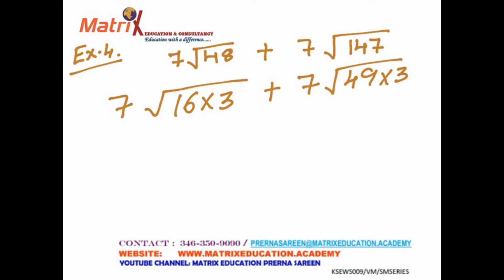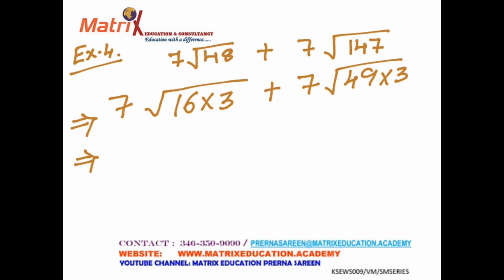Here I'm giving you a tip. Whenever it's a radical simplification, surds indices simplification, try to find the numbers which are perfect squares. Like in this example, I did 16 times 3 for 48 because 16 is a perfect square. And then I did 49 times 3, 49 is a perfect square.